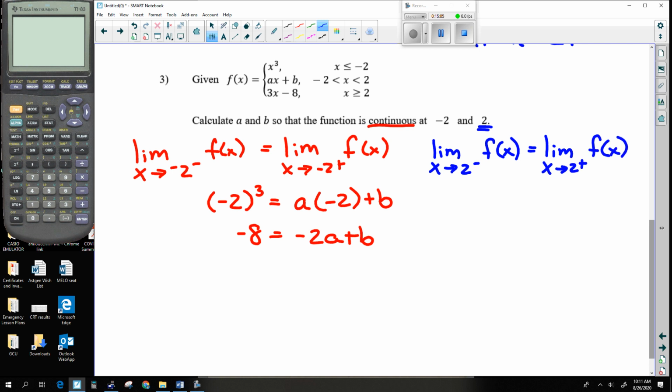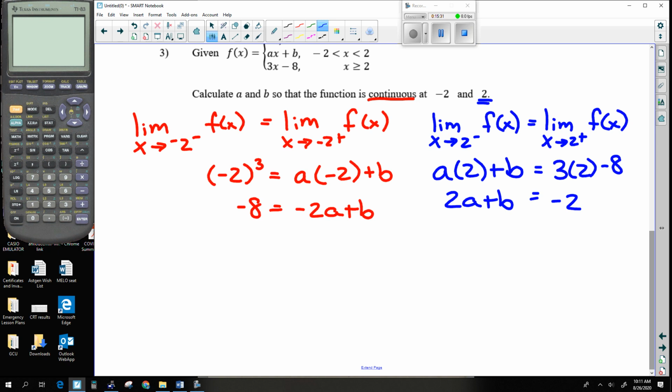So 2 from the negative, again, is that middle equation. However, this time the x is actually a positive 2. So that'd be ax plus b. And that's going to be equal to 2 from the positive, and that is 3x minus 8. 6 minus 8 is negative 2. So this is 2a plus b.